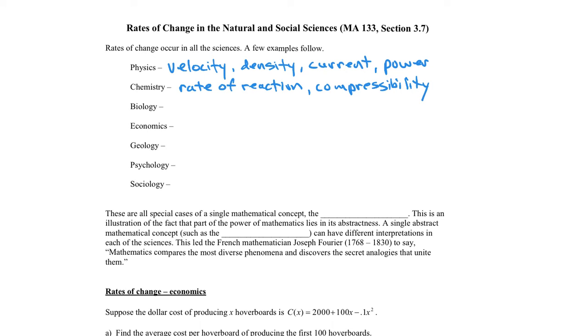Biology, of course, you have these growth rates, or rate of growth. We'll see growth rates in this class. I've got another example, the blood velocity gradient. And this, if you're interested, is talked about in our book on page 230.